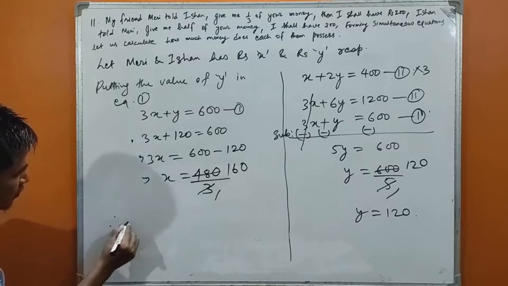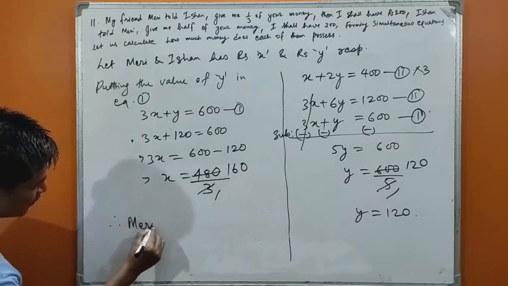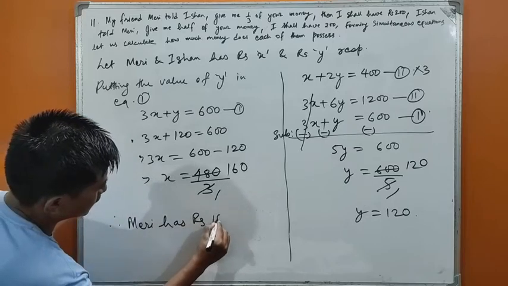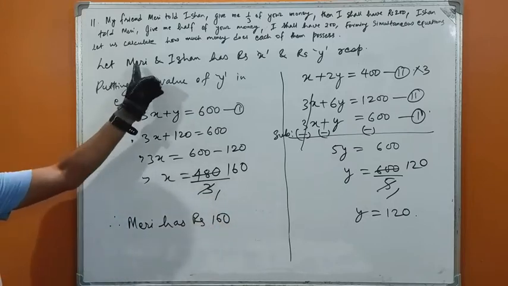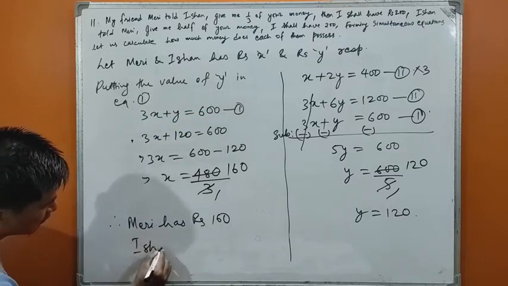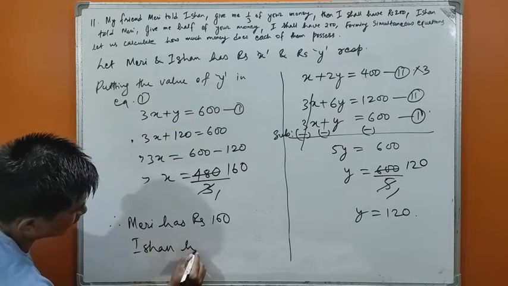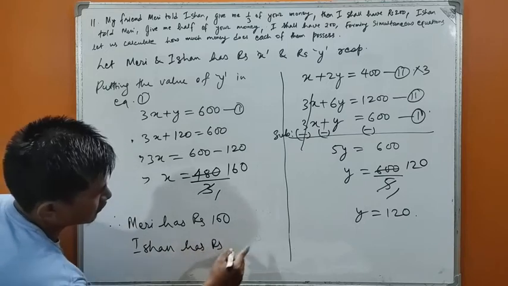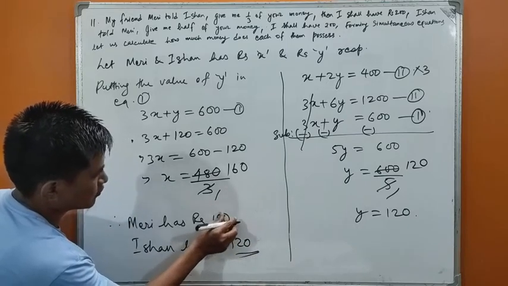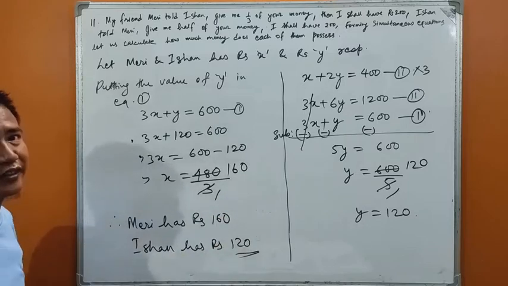Therefore Mary has rupees 160. Mary has rupees x, and Ishan has rupees 120. Okay, Mary has rupees 160 and Ishan has rupees 120.